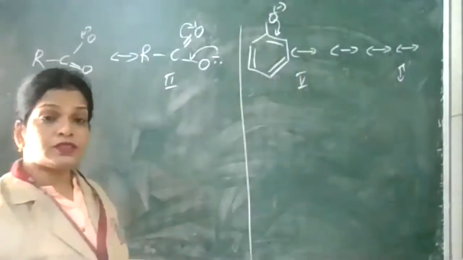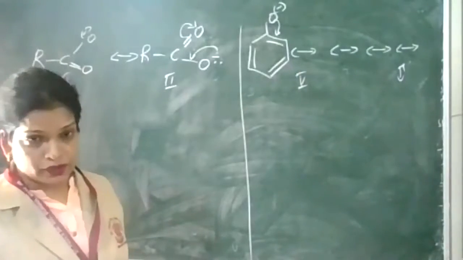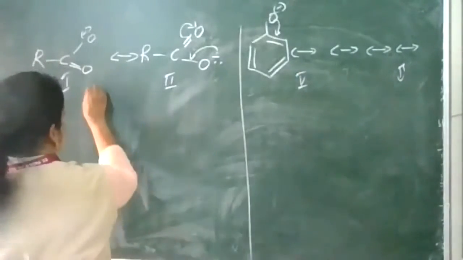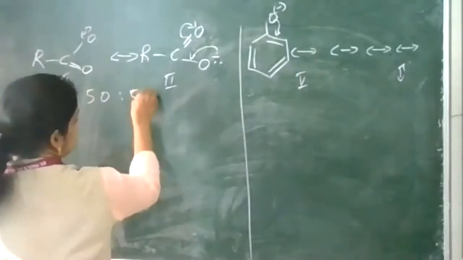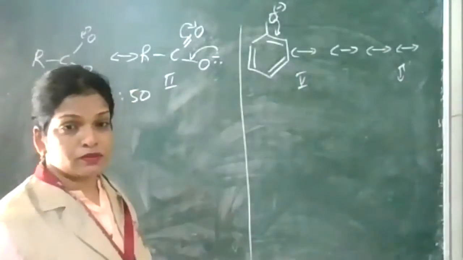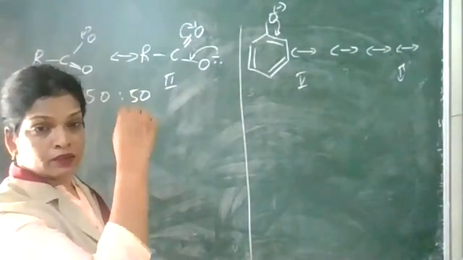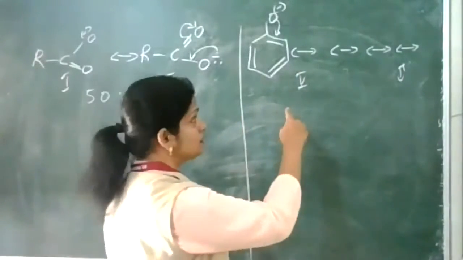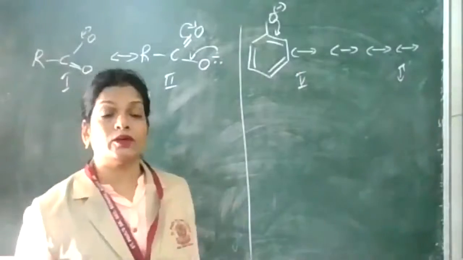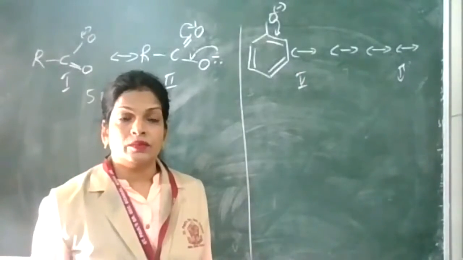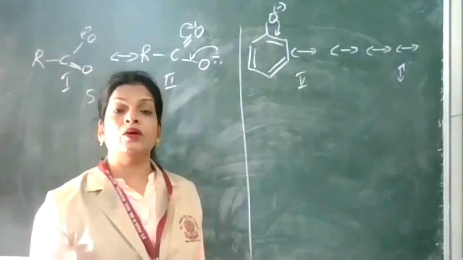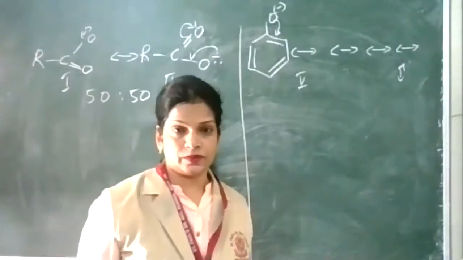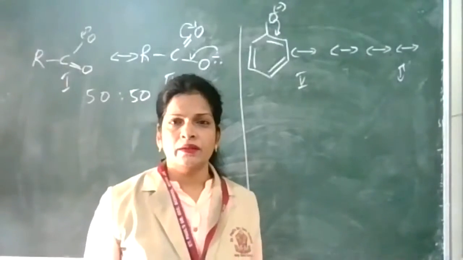Carboxylate ion, of course, has 2 resonance structures, but its contribution is 50-50, an equivalent contribution, and the negative charge is on the more electronegative oxygen. But here the negative charge is on a less electronegative carbon. Negative charge should be on the more electronegative atom; this is the stable nature, not on electropositive carbon.